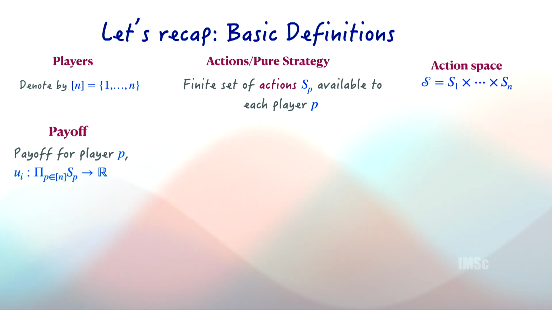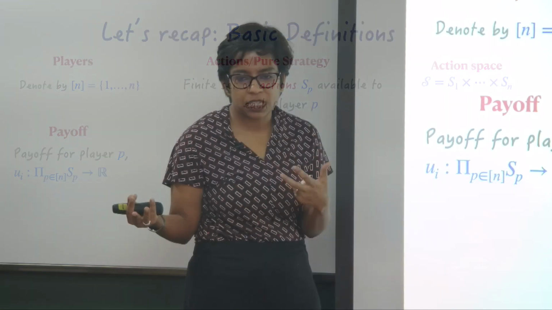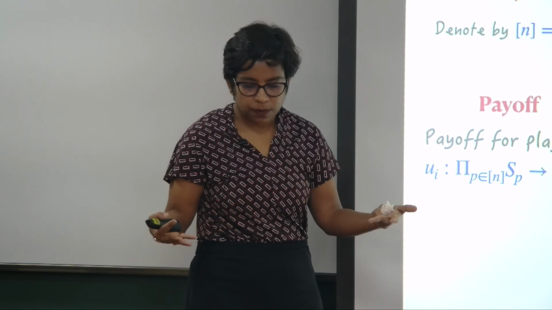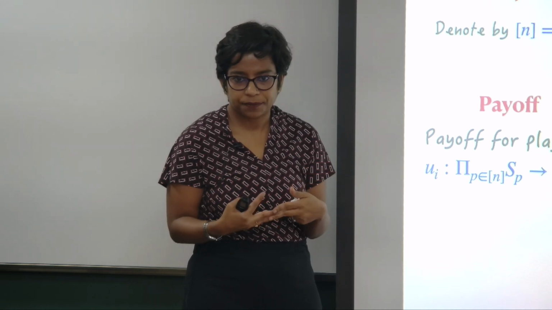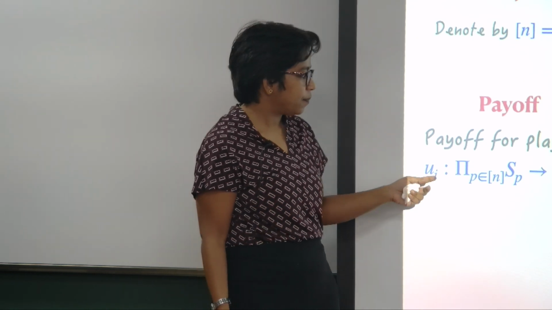That basically tells you that given that the n players are playing this strategy or taking this course of action, that describes an n-size tuple, what is the payoff or the utility for the individual I, for the player I. Okay? That is what this payoff function is.